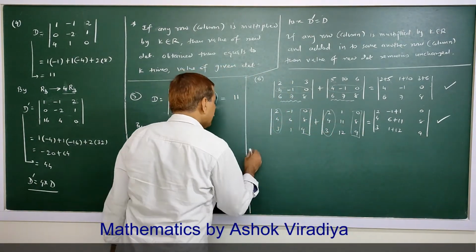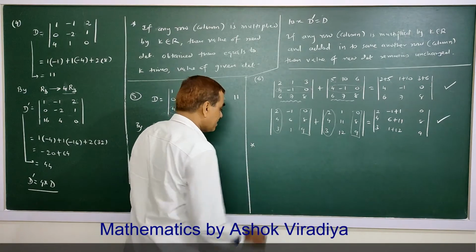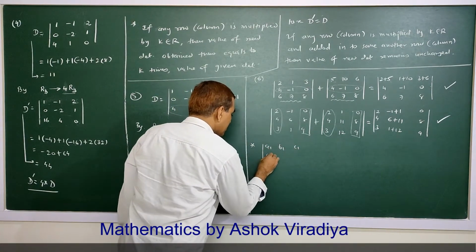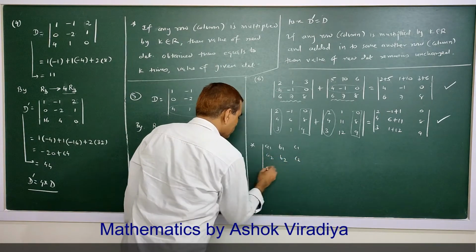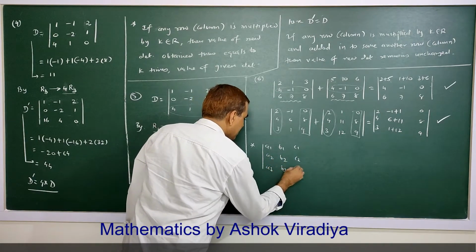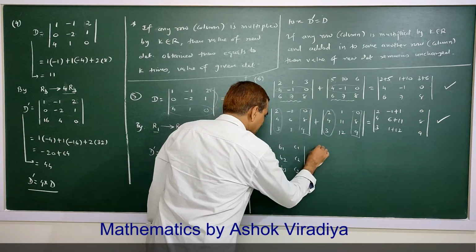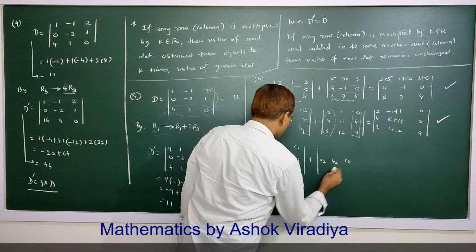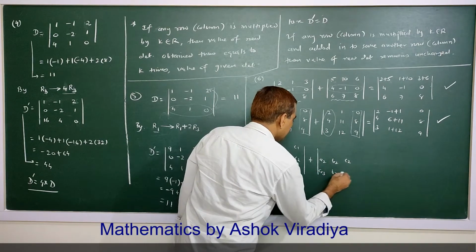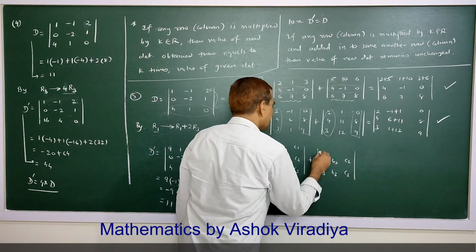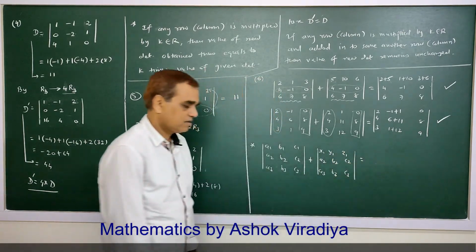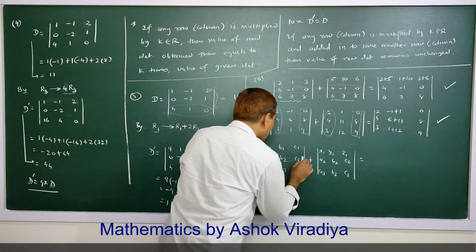So this rule can be expressed as follows. Suppose here A1 B1 C1, A2 B2 C2, A3 B3 C3 plus here I give A2 B2 C2, A3 B3 C3, and here X1 Y1 Z1. Say these are equal.